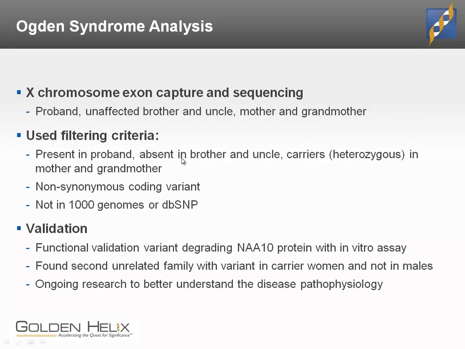So you can use that information, as well as our controls, to get to a very select set of variants that are candidates to be driver variants of a mutated or dysfunctional gene.